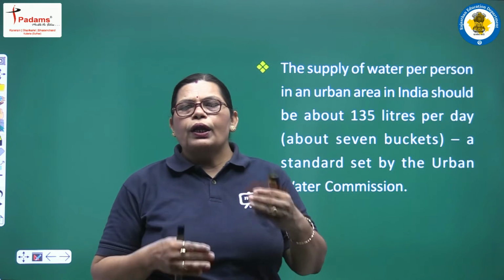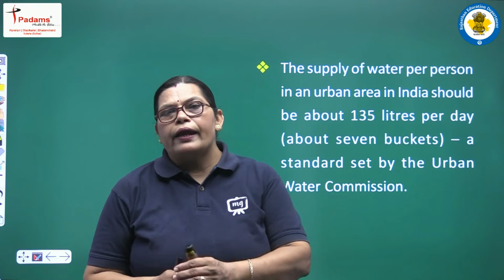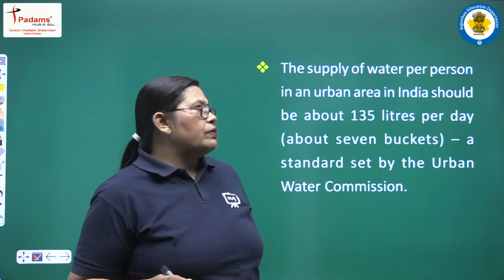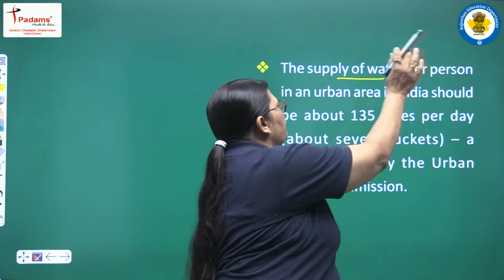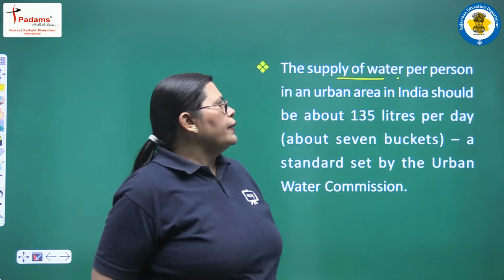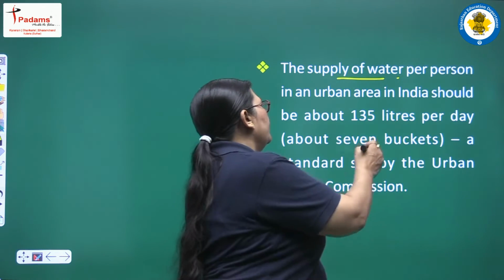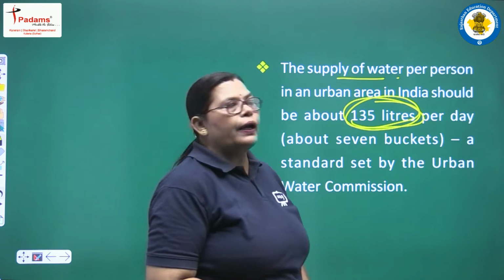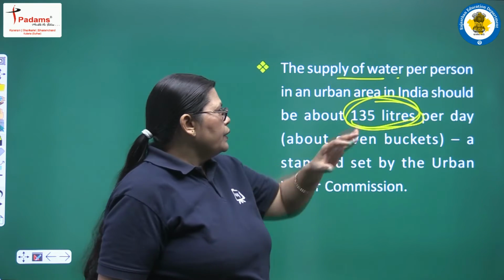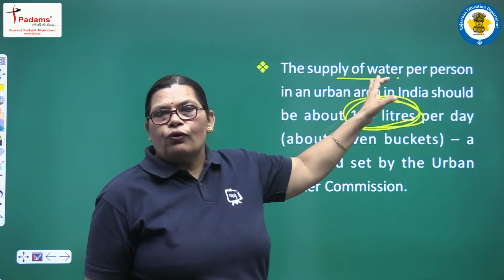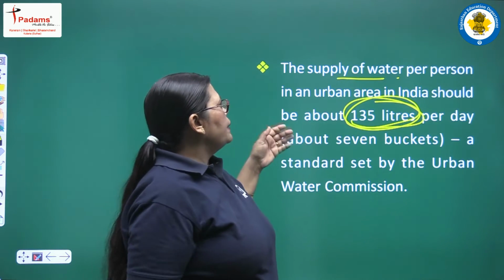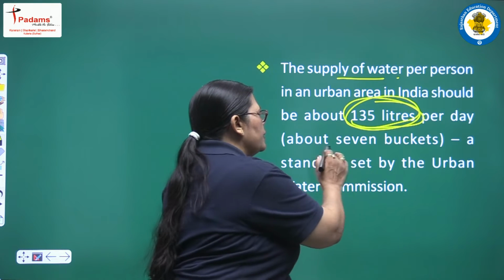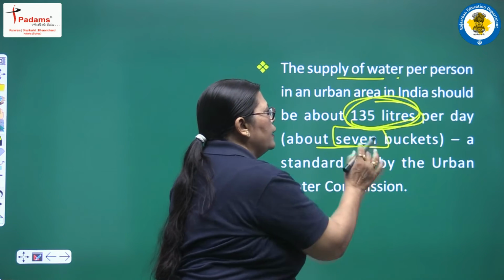So more important, as we are going on and abbreviating our chapter, the supply of water per person in an urban area in India should be about 135 liters per day. It means that is the sufficient amount for the people in the urban areas. It is near about 7 buckets a day.